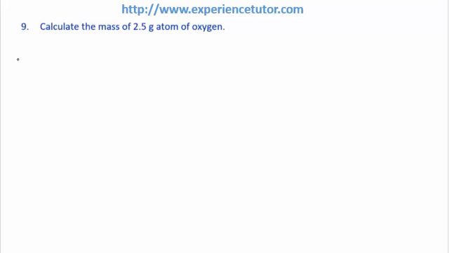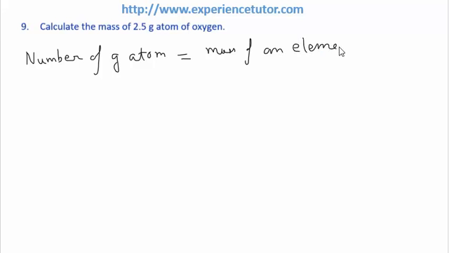So number of gram atom is equal to mass of an element upon atomic mass.